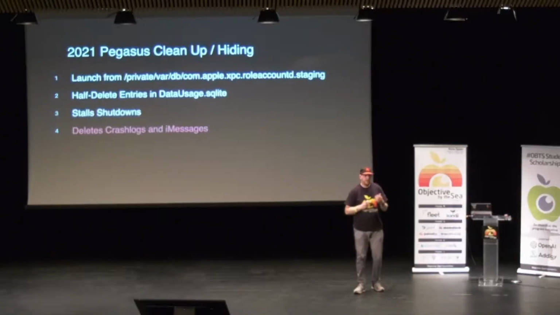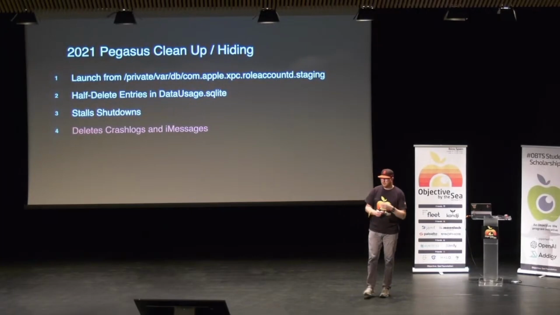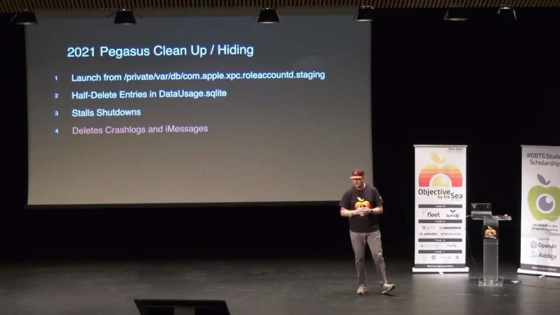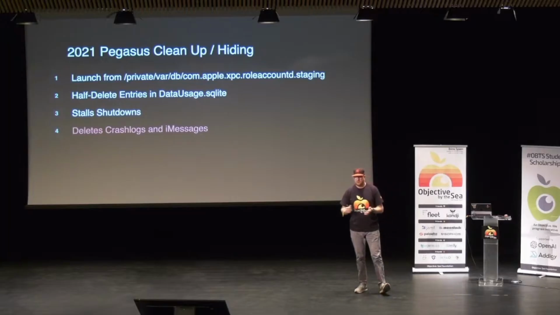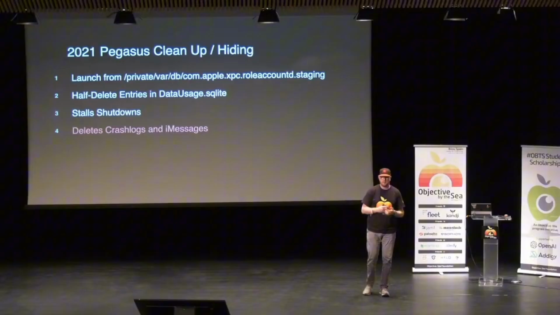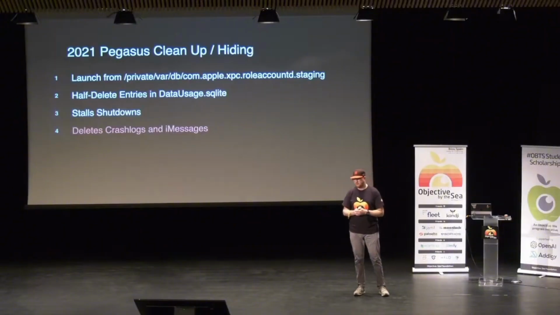Looking at the cleanup of Predator in 2021, they were launching from a very famous directory, which is PrivateWaDB, Apple XBC, Roller County Staging. And they were always using process names which were very similar to normal system processes. So RL account D instead of roll account D. They were also doing half deletions of entries in data usage, which became public once Amnesty reported that, and this became one of the best IOC behaviors.